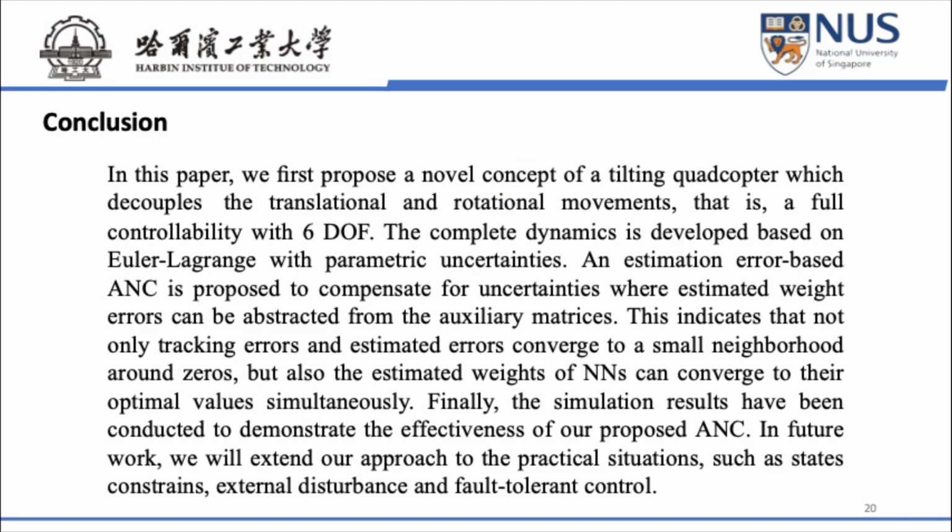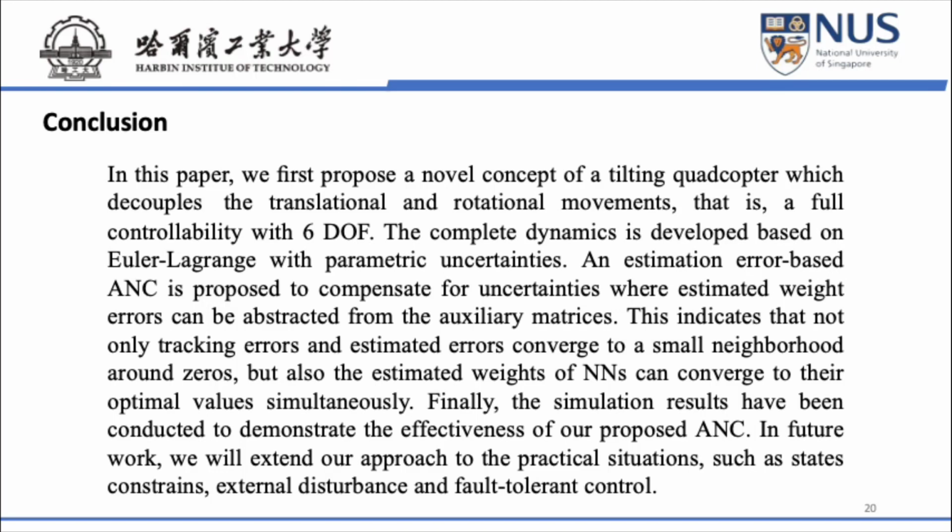In this paper, we propose a novel concept of the tilting quadcopter, which suggests that the translational and rotational movements can be controlled independently. The complete dynamics is developed based on the Euler-Lagrange equations, where the parametric uncertainties are included.